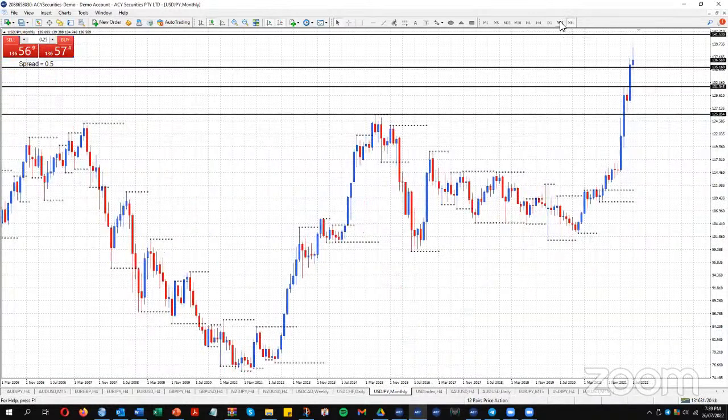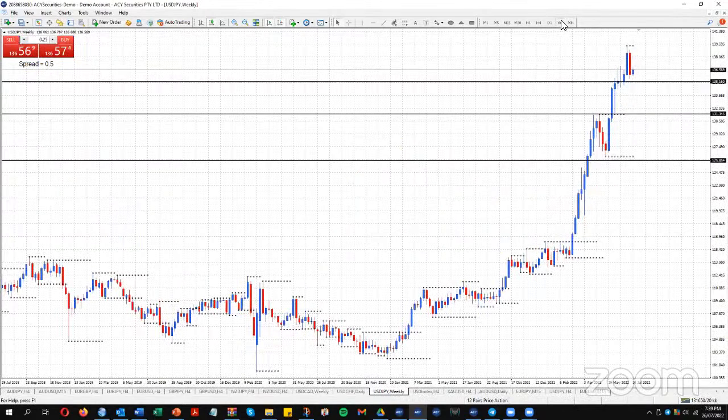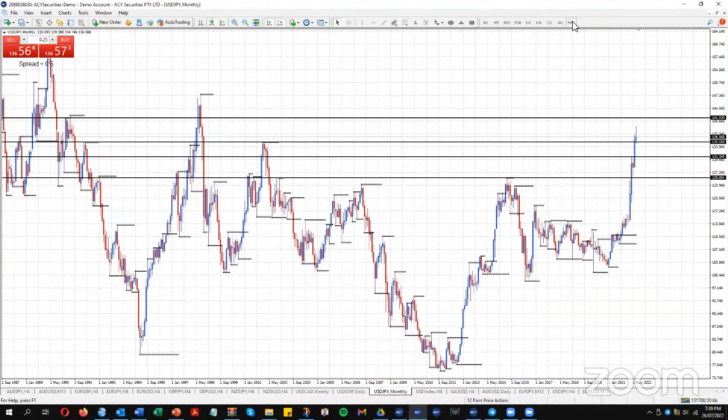So the monthly's up, having a bit of a pullback on the candle. Weekly, we've just had a week down last week. This monthly level, 135.16, we're clearly holding above that level, an old monthly top that we've broken. Let's go back again there, that top over here.